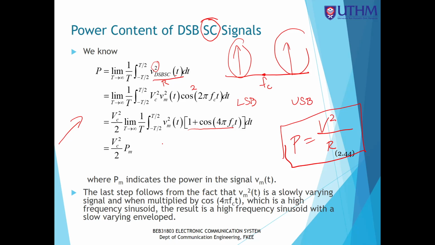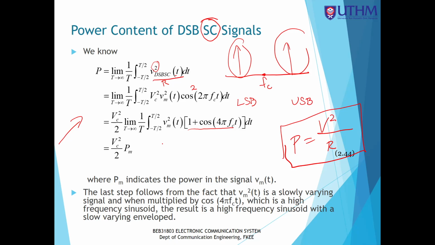Therefore, it can be omitted compared to the Vm square. So nilai frekuensi tinggi ini, this one is a very small amplitude. If you do the multiplications, that's why in the final equations this component can be omitted. So it becomes a Vm square.